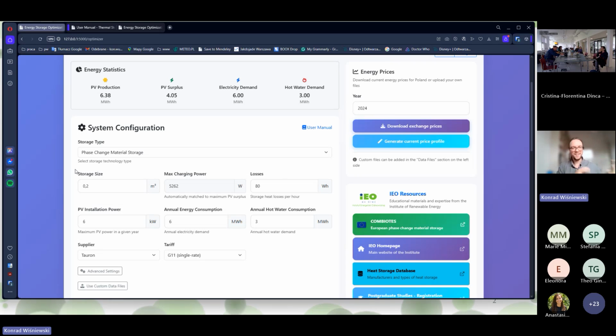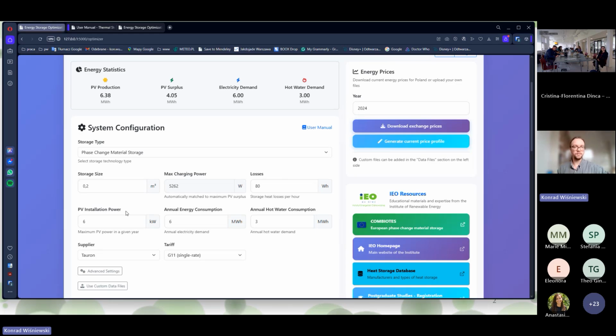Before, you had a really detailed presentation of how it works, but right now we needed to combine it into very simple parameters.